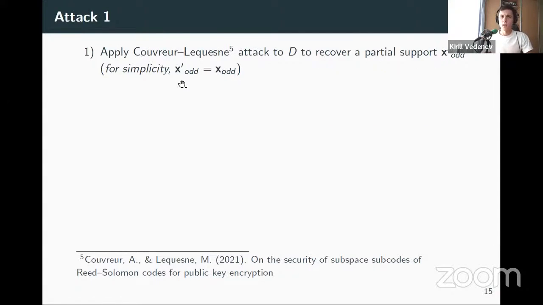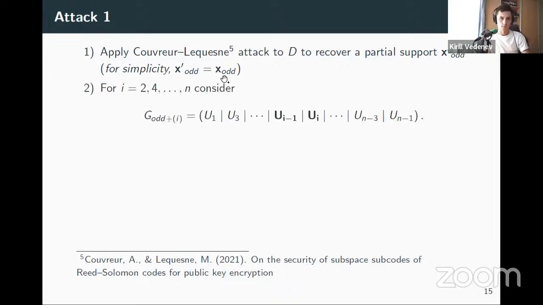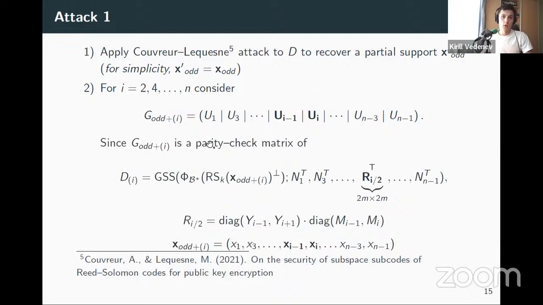For simplicity, we assume that X prime equals X odd. Now we take X odd and we add the block with some even number, for example 2, 4, and so on.